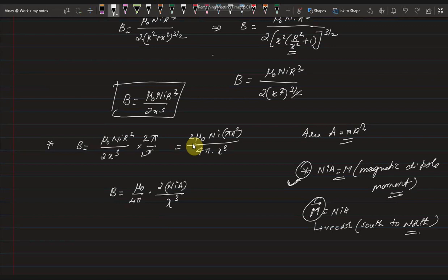Now, can you tell me what is electric dipole moment? P bar is equal to 2L into Q. Do you remember? This is the electric dipole moment.